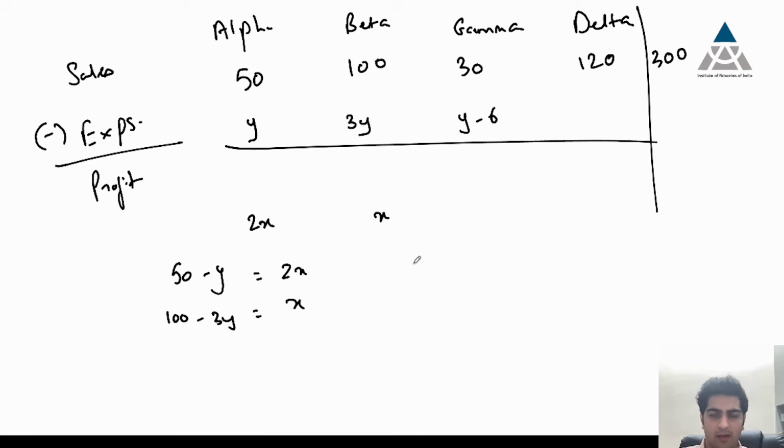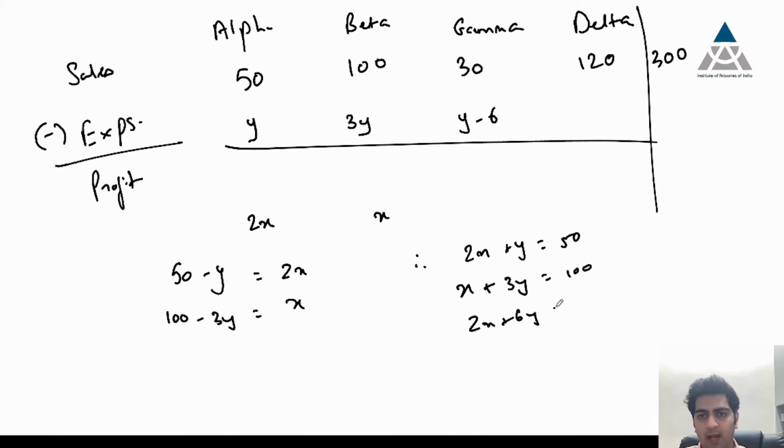Rearranging these equations, 2x plus y is 50 and x plus 3y is 100. You can multiply equation 2 by 2, so you get 2x plus 6y equals 200, and 2x plus y is 50. Let's say this is equation 2, this is 1.